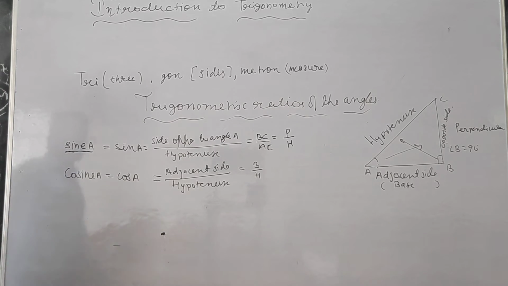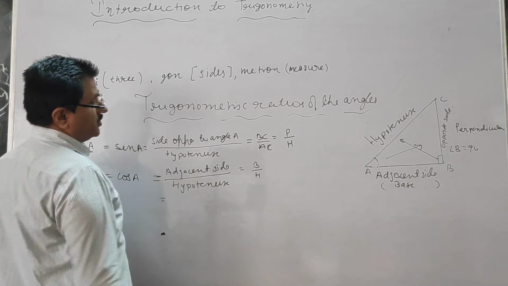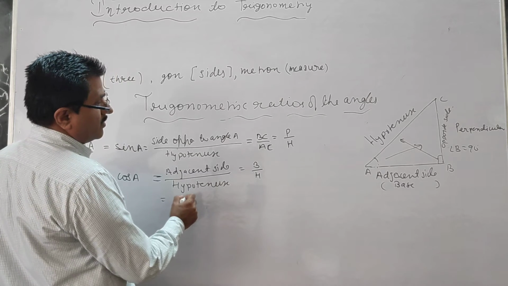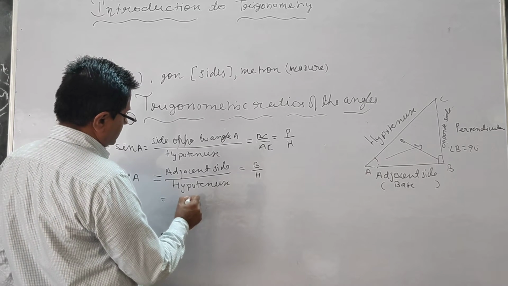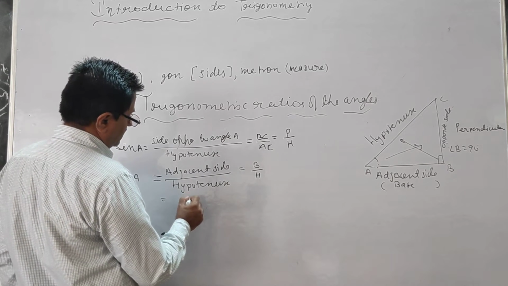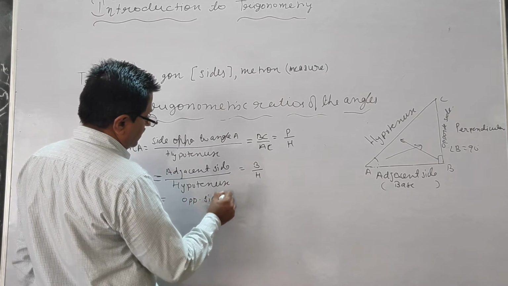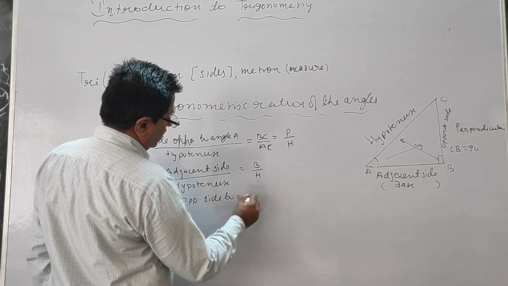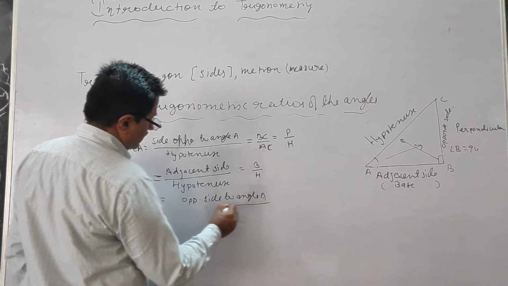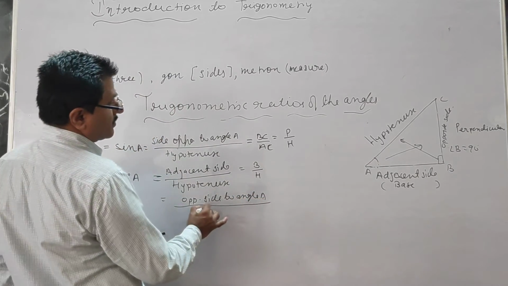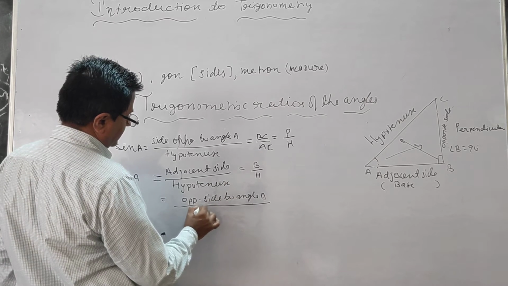Clear? Now third, we take the ratio of the side opposite to angle A upon the adjacent side.